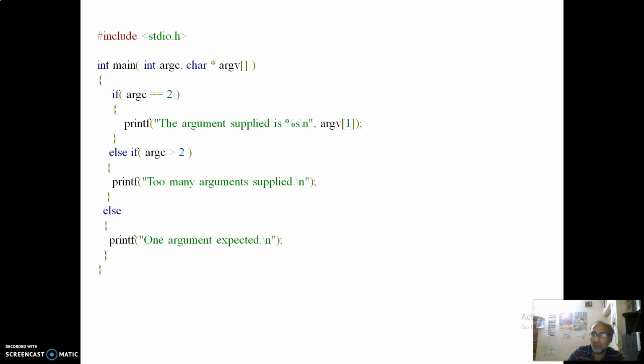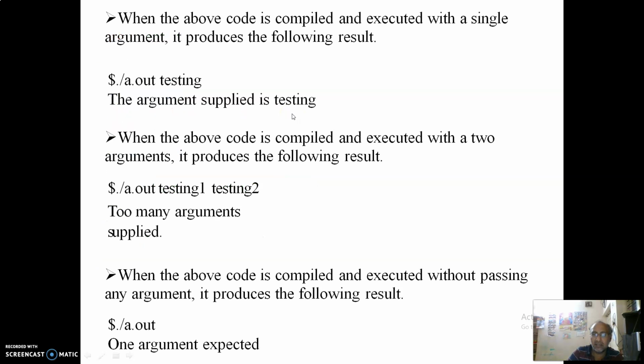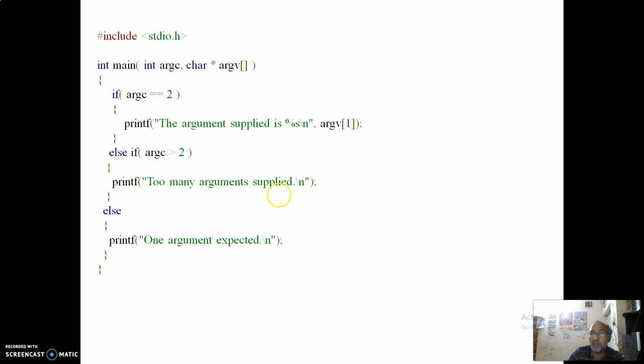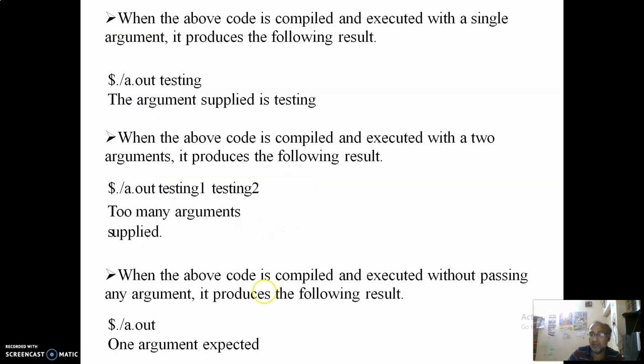With testing1 and testing2, it is exactly 2 arguments plus the program name, so too many arguments are supplied. If there are no arguments, one argument is expected.